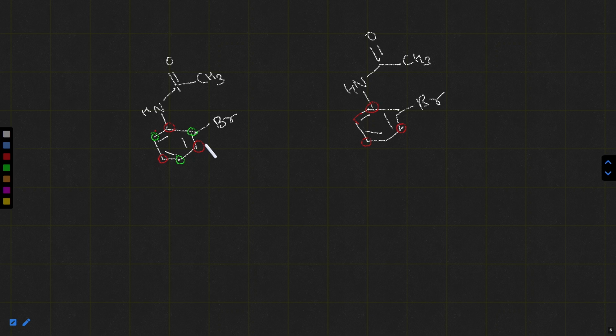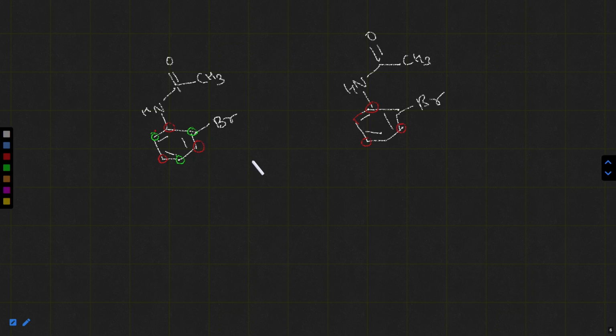Now the concept that plays the role here is that you know very well that Br is kind of ring deactivating, and the bond between Br and carbon is not that similar in terms of energy. This bromine is of much higher atomic number. Therefore, its highest occupied molecular orbital, or HOMO, is present at a very high energy compared to the orbital that will accept the electron, that is the lowest unoccupied molecular orbital of this carbon.